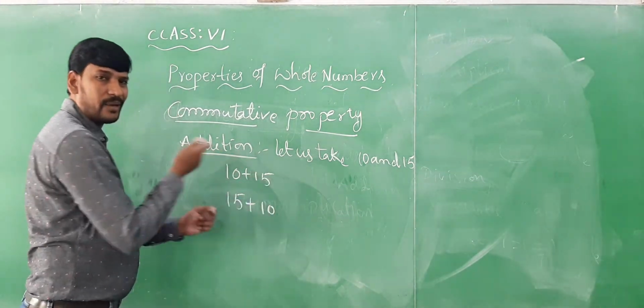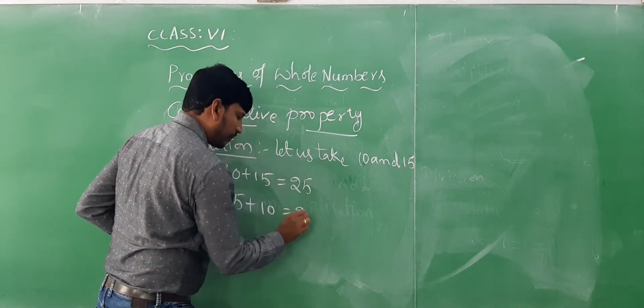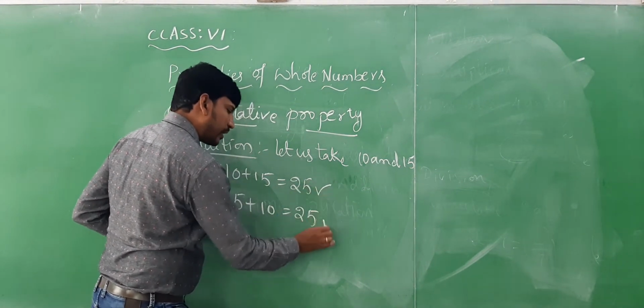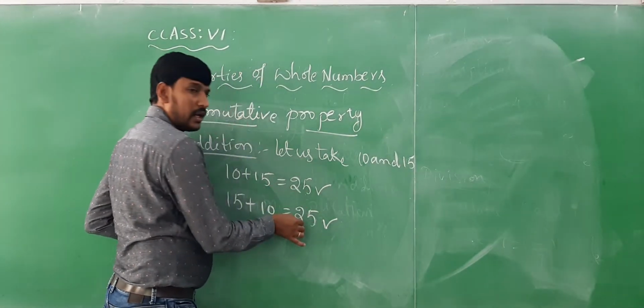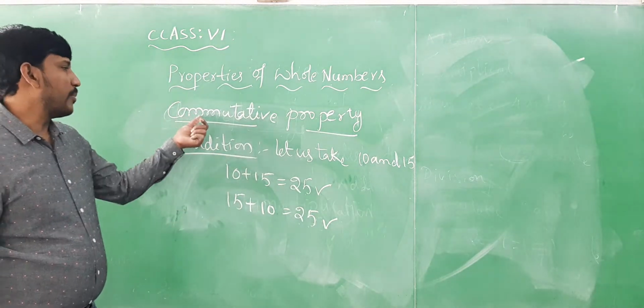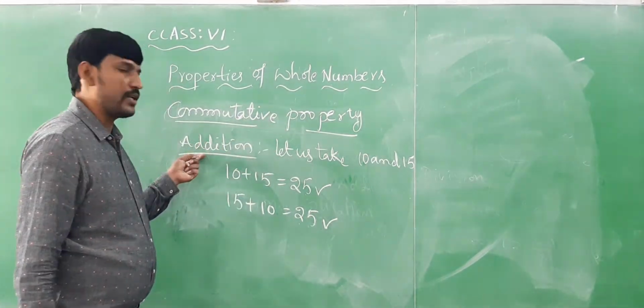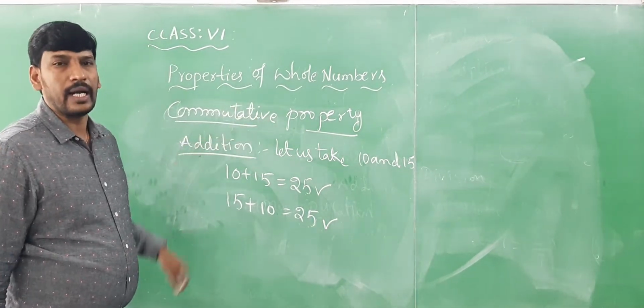You just flip the numbers. In both cases, we got the answer 25. When both the results are equal and the result is also a whole number, then we can say that the commutative property is satisfied under addition. That is, whole numbers satisfy the commutative property under addition.